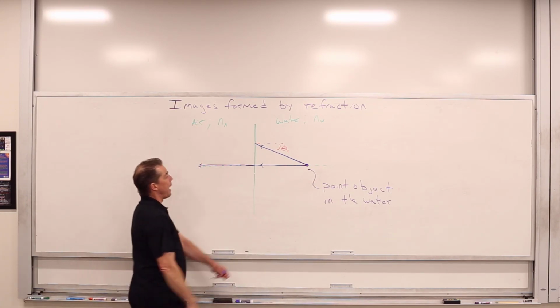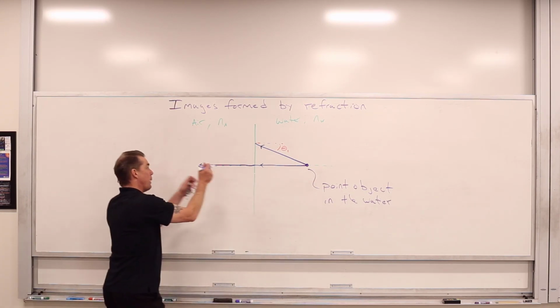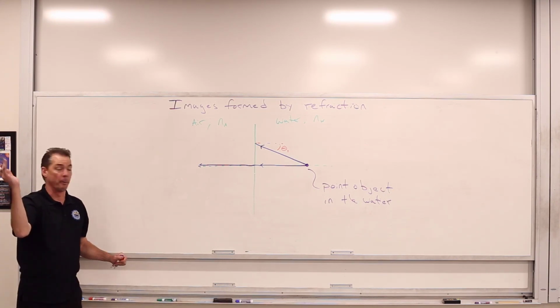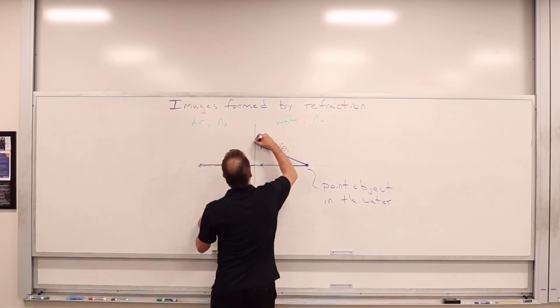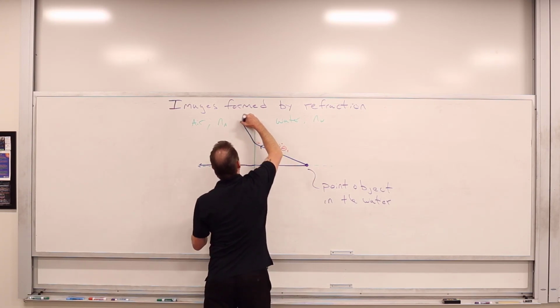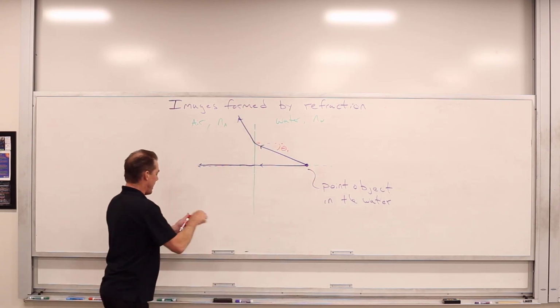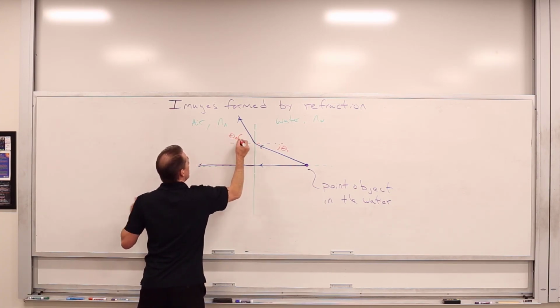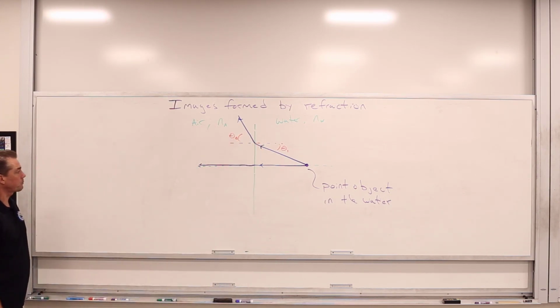So we are going from a higher index of refraction to a lower index of refraction. Thus the light ray will bend away from the normal, right? Stuff we've already looked at. So this light ray, by some amount, changes its direction. Great. We've got ourselves some theta 2 there.